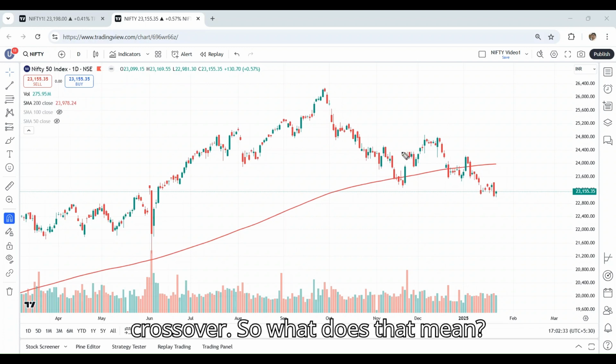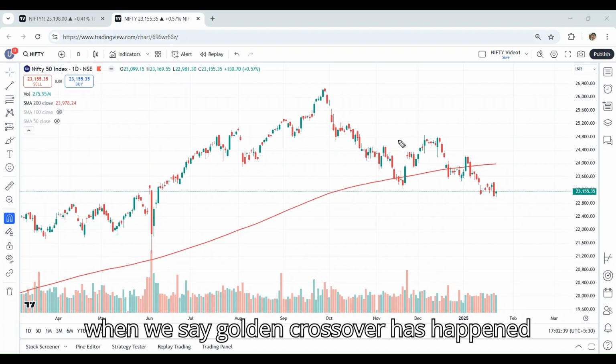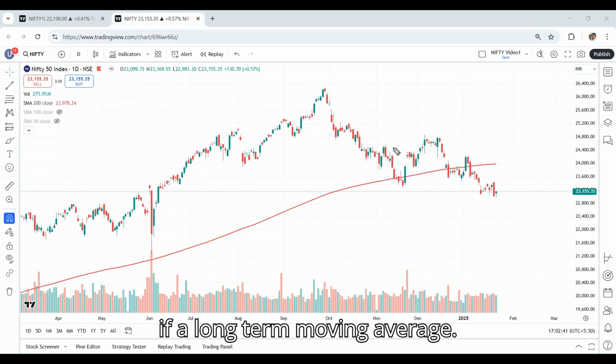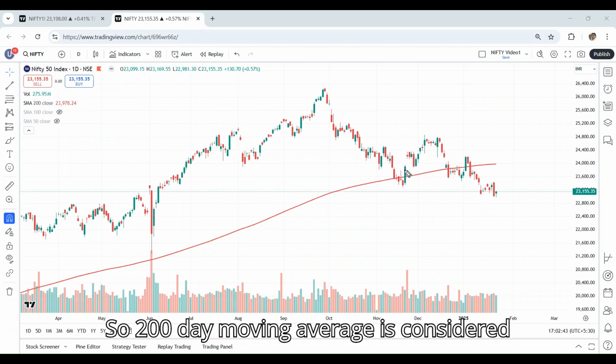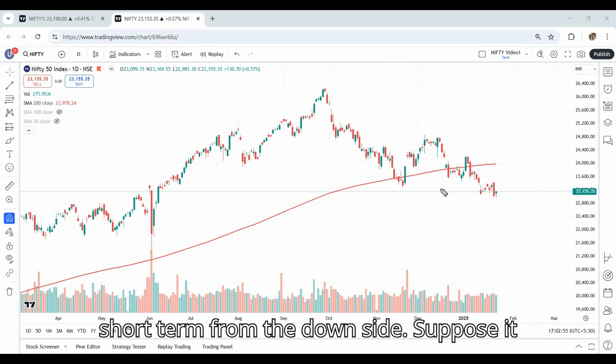So what does that mean? Golden crossover is a bull run. When we say a golden crossover has happened, the 200-day moving average is considered a long-term indicator. Okay, so this is taken over by the short term from the downside.